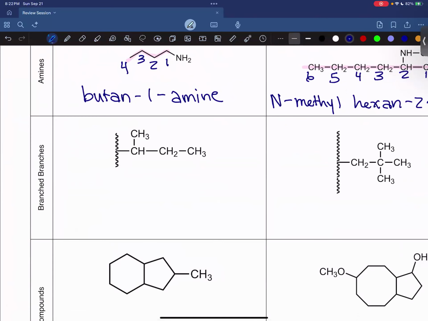Perfect. Next, we're going to do branches. We don't have to worry about this one too much, but it is definitely good to have a basic understanding of. So basically, it's very similar to what we were just doing. You're going to find your longest carbon chain, and then you're going to number in the direction that gives the lowest number to the carbon that's attached to the main chain.